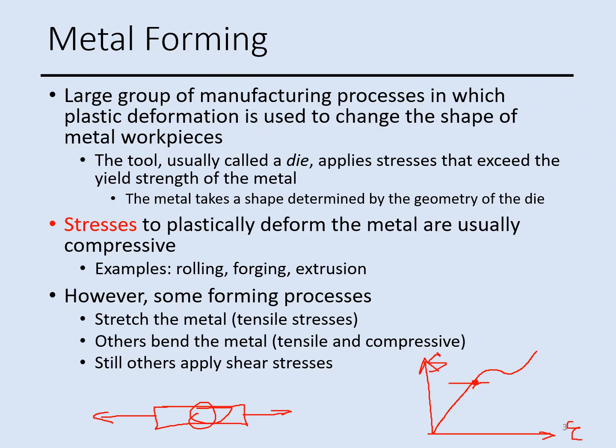Some metal forming uses compressive stress, like rolling, forging, and extrusion. Some other forming processes use tensile stress, like drawing. These are some of the processes where we use tensile stress to deform material.